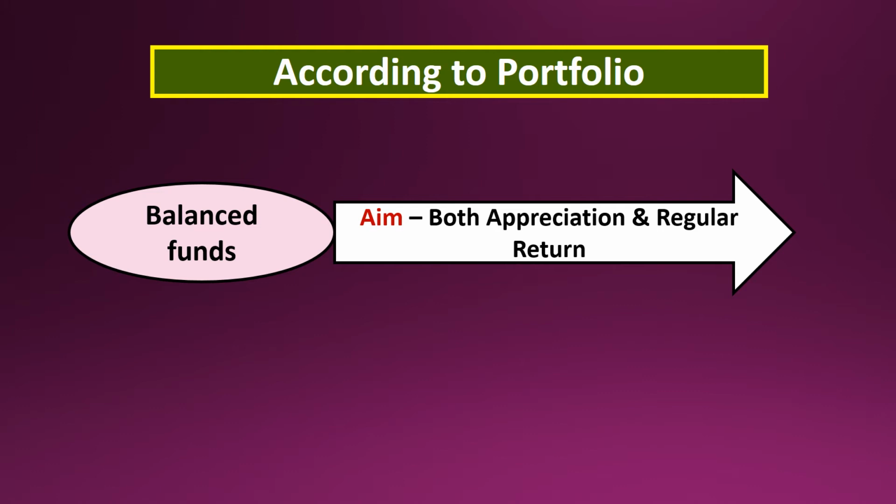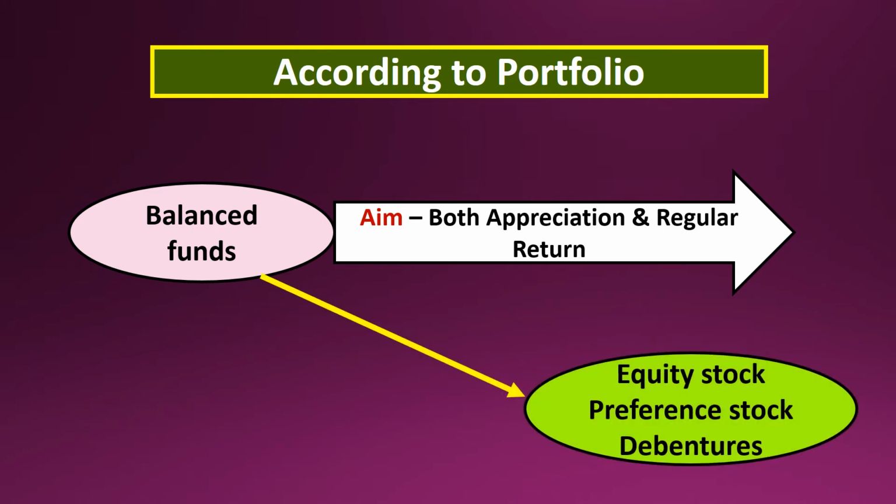So, balanced funds spend on both common stock and preferred stock. Some part of the fund is spent on buying equity, while the other part is used in acquiring interest-bearing debentures and also preference shares ensuring a certain amount of dividend.